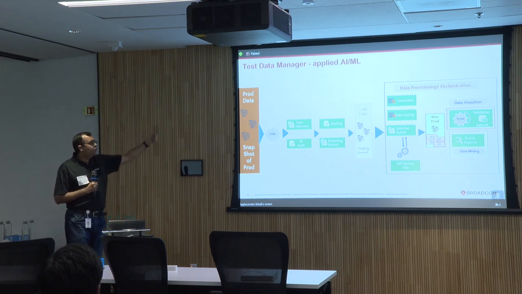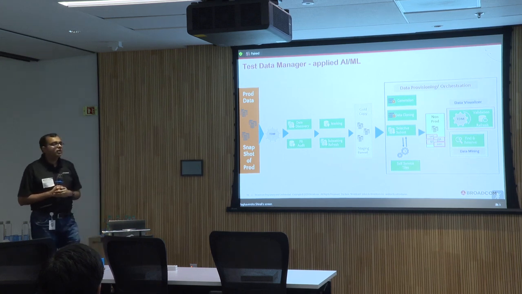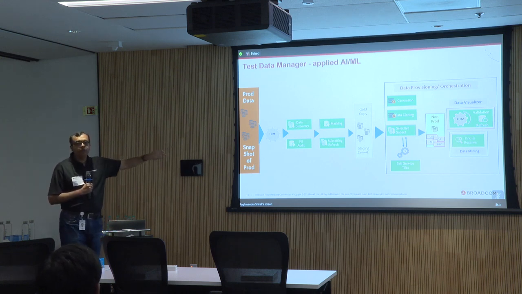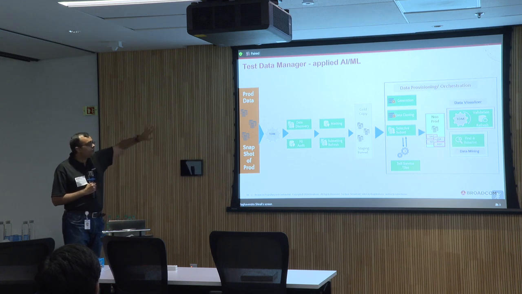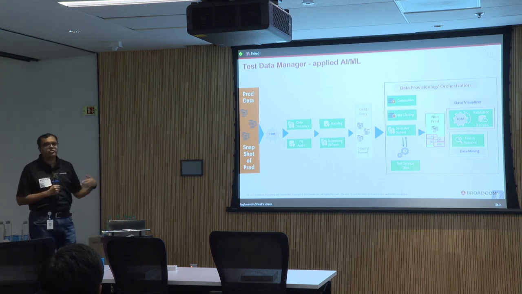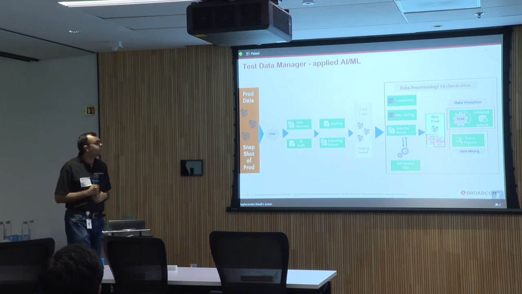Then you do TDM activities like subsetting and masking to create a gold copy. Once you have a gold copy of the data, you typically push it down to multiple application teams, where they can augment additional data using synthetic data generation or do further selective subsets and expose it through self-service portals, which are end user portals.